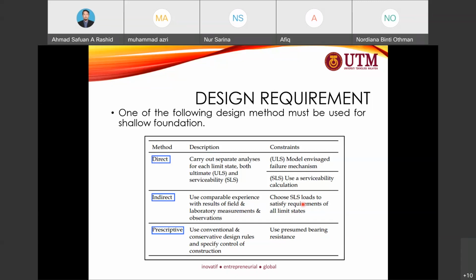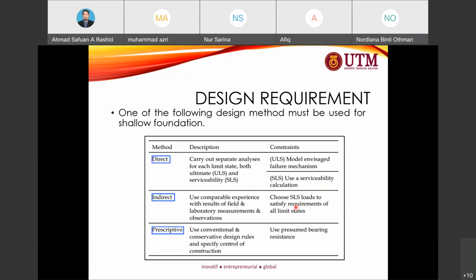So this is what we call the common type of calculation to determine the ULS and also the SLS. Then we have the indirect: use comparable experience with results of field, laboratory, and observations. Choose SLS loads to satisfy the requirements of all states.